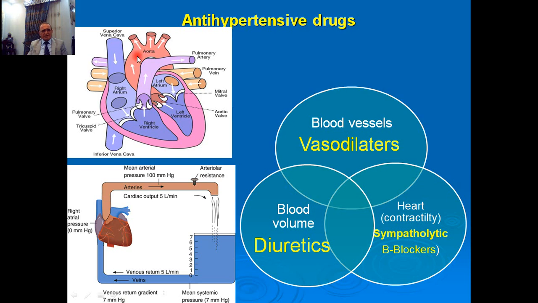To lower the blood pressure, either handle this fluid by diuretic, or decrease the contractility by beta blockers, or the peripheral resistance, the diameter of the blood vessel, by vasodilators. So you have 3 groups of drugs, and the vasodilators have subgroups as well.